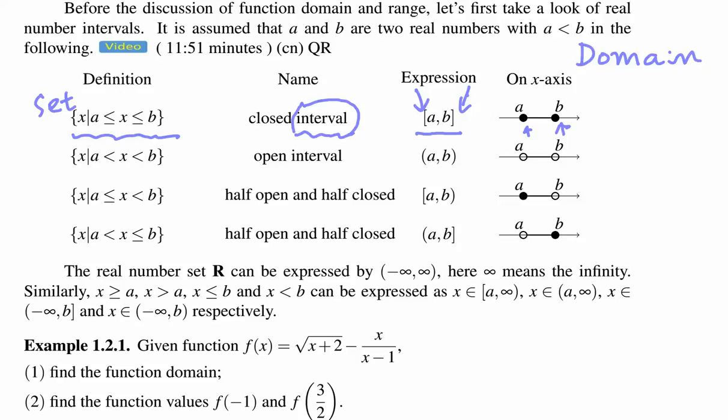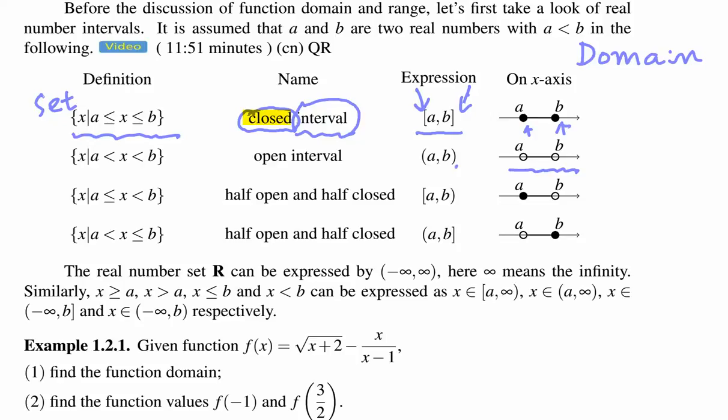If two boundary points are included, then we call this a closed interval. Okay, closed interval. So let me highlight that. The second case will be two boundary points are not included.